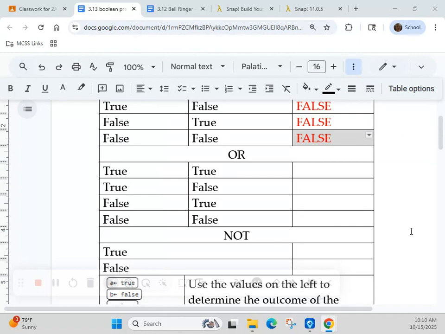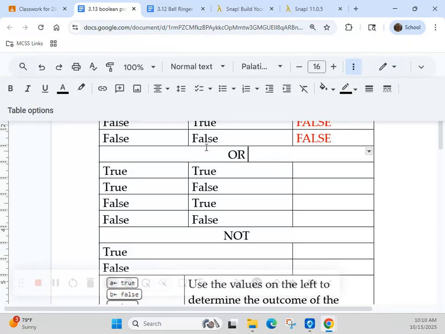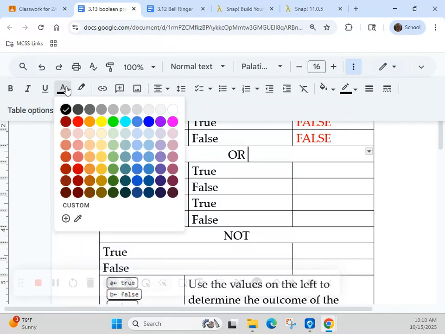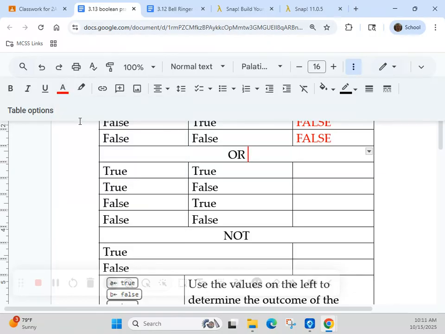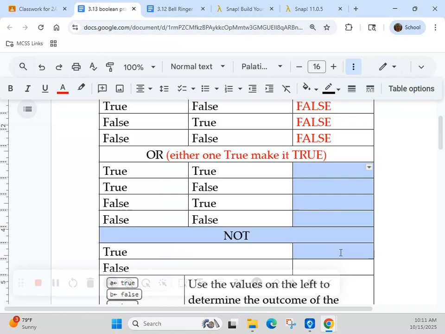So anyway, if it's an or statement, either one of the things makes it true. So if either one of the two things is true, then it makes it true. Obviously, if something is true or true, that's going to make it true.